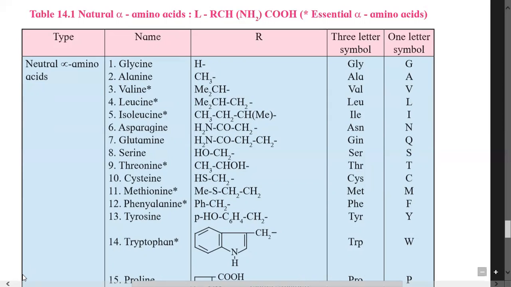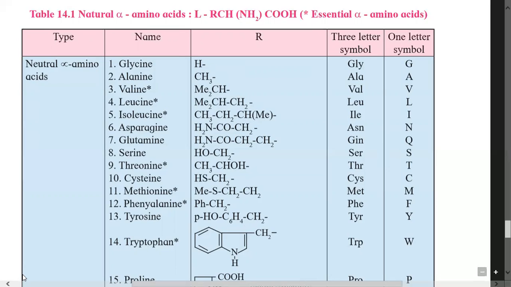All these amino acids have this hydrogen, NH2 and COOH. These are the fixed groups bonded to the central carbon. The only difference is the R group. So the R group is different in different amino acids. Then from the name, the 3-letter symbol and 1-letter symbol are given for these amino acids. We will study them one by one.